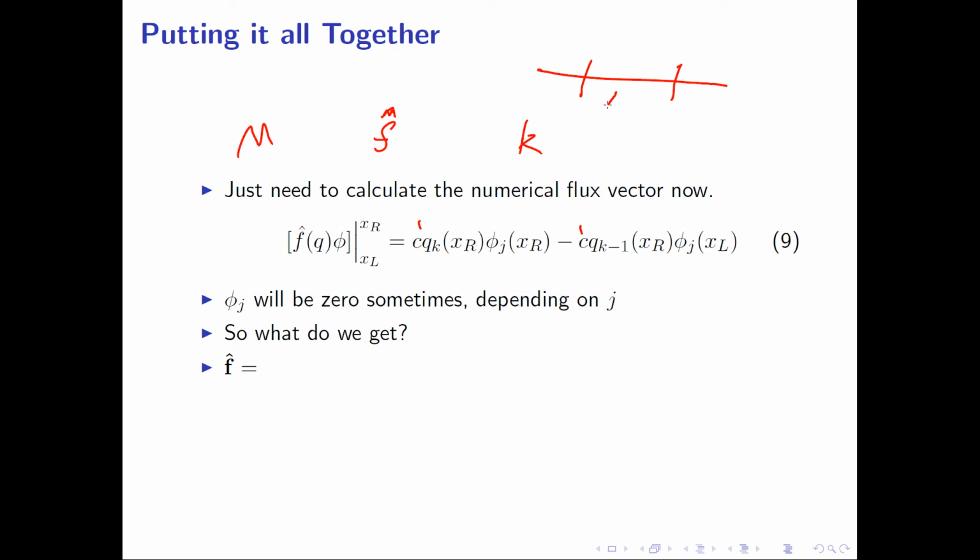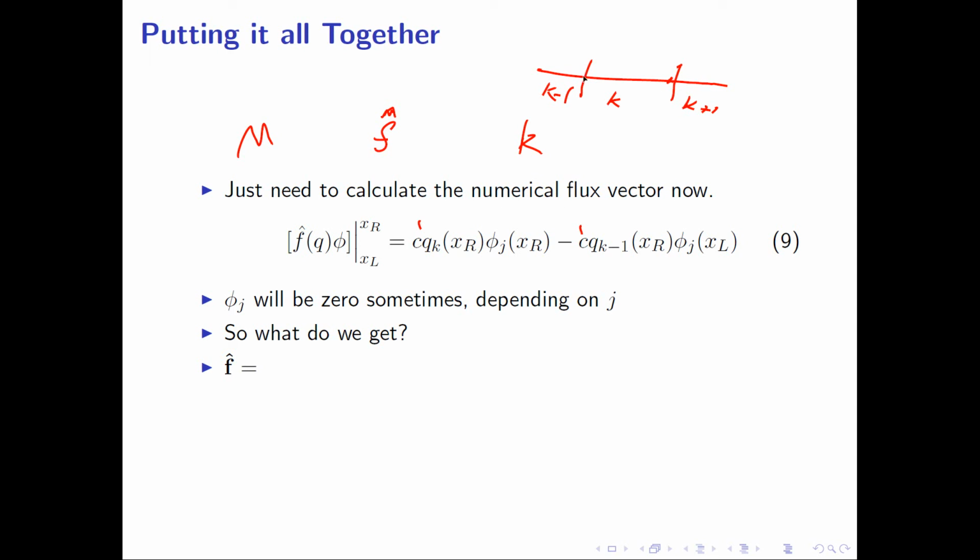element. So if this is element K, this is element K plus 1, this is element K minus 1, and we're looking at just element K here, then the flux on the right side is going to be due to the value of the boundary solution from the K element. So that's what's here with the K subscript on the right side of the domain.